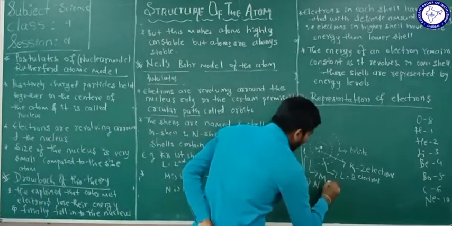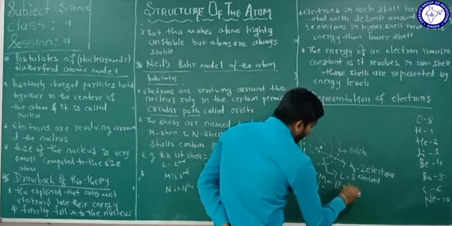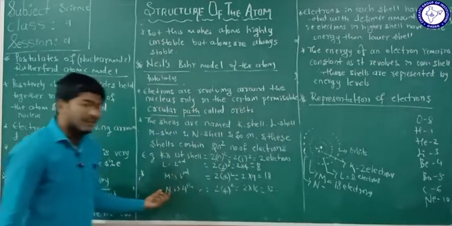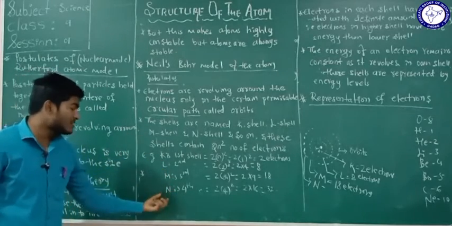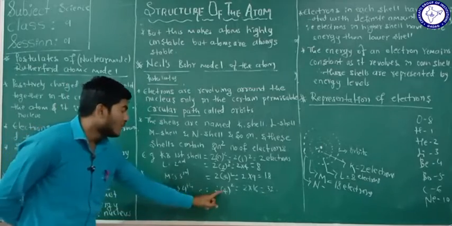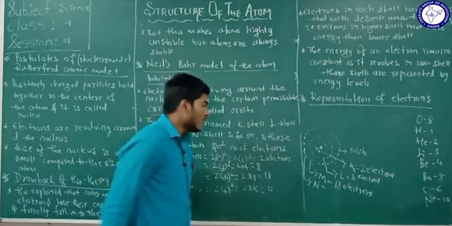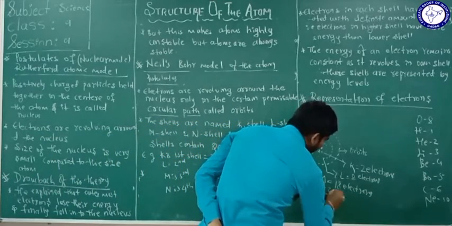Therefore the capacity of the M shell is 18 electrons. For the N shell, it is the fourth orbit, so 2 into 4 square, which is 2 into 16, equal to 32. The capacity of the N orbit is 32 electrons.